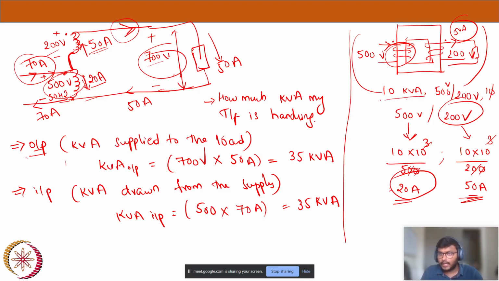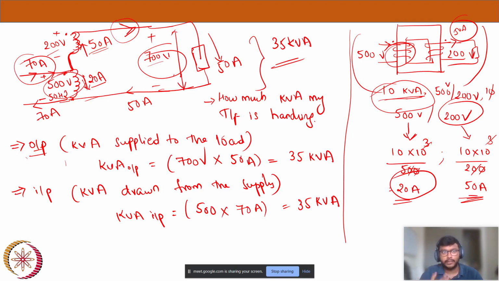If I use my transformer as it is as a two winding transformer, I am able to handle only 10 kVA. But when I connect my transformer in this auto transformer fashion, I am able to handle 35 kVA altogether. So this is some real improvement in the kVA handled. But one should get a doubt: from where is this additional kVA coming? Because I haven't changed anything.